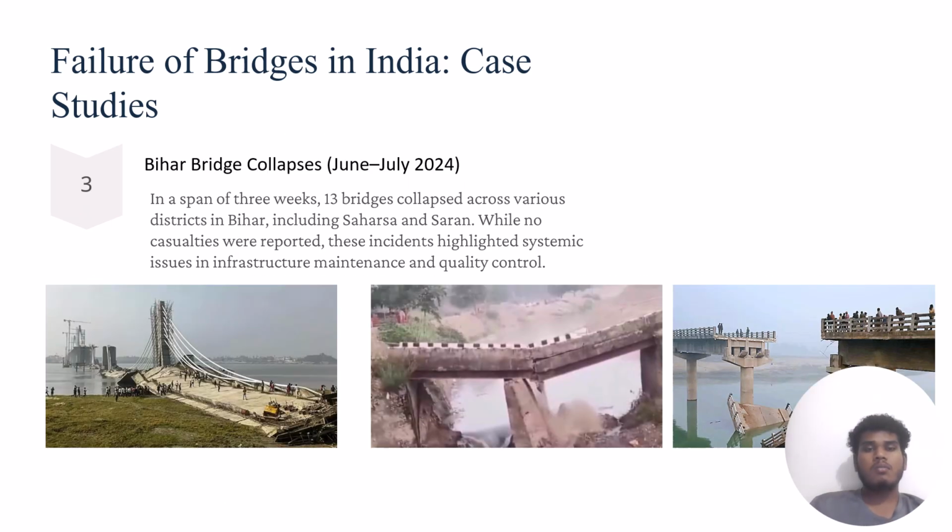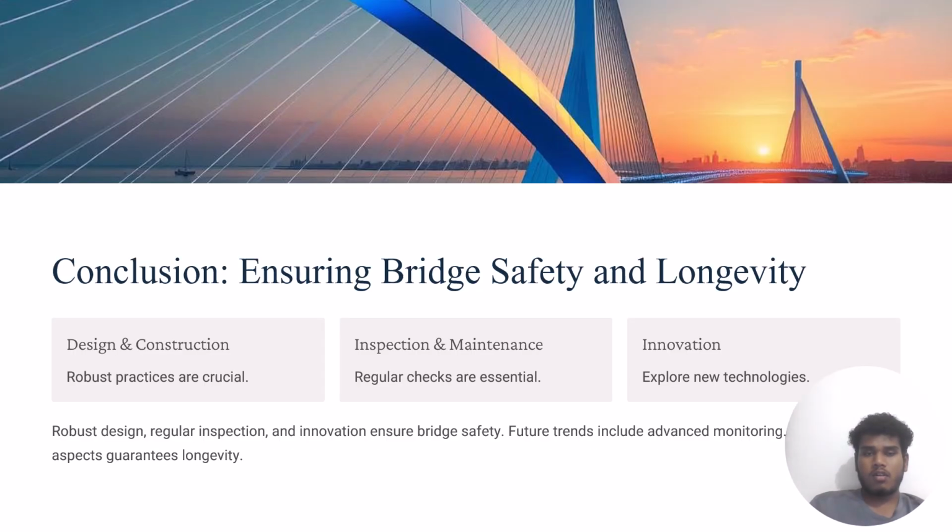The next one is the Bihar collapse. In a span of 3 weeks, 13 bridges collapsed across various districts in Bihar, including Araria and Saran. While no casualties were reported, this incident highlighted systemic issues in infrastructure maintenance and quality control.